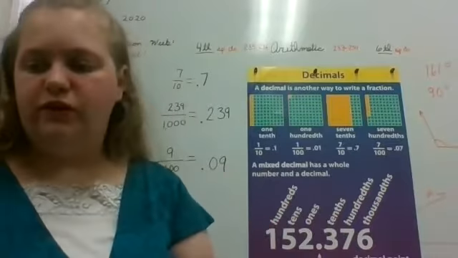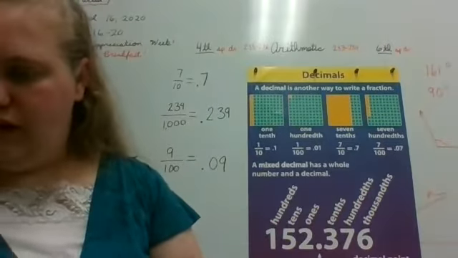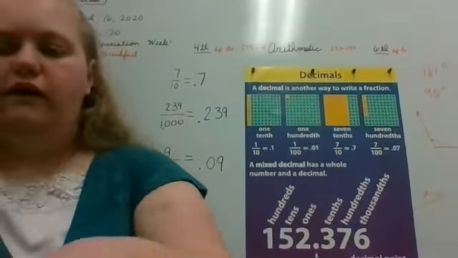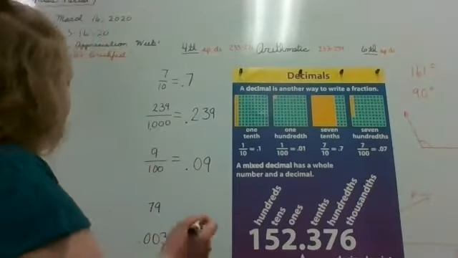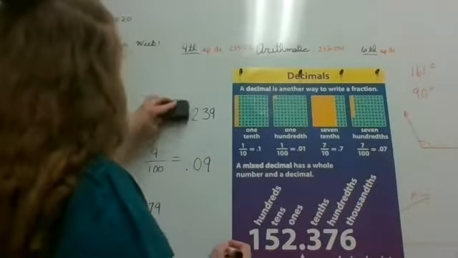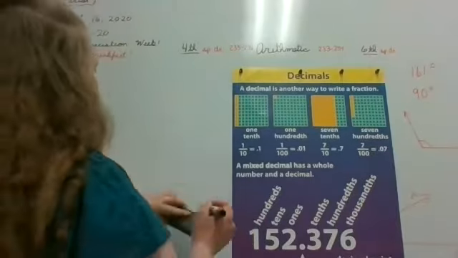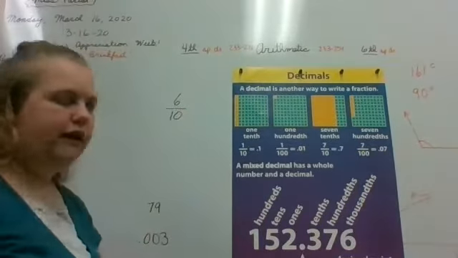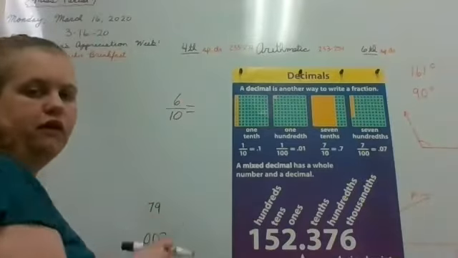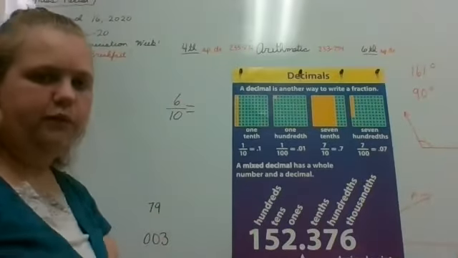So we just did that on the board, so do A with me, and then we'll do the rest on there. So A is 6/10. Okay? 6 over 10. Okay, so what would be our decimal that we would put?